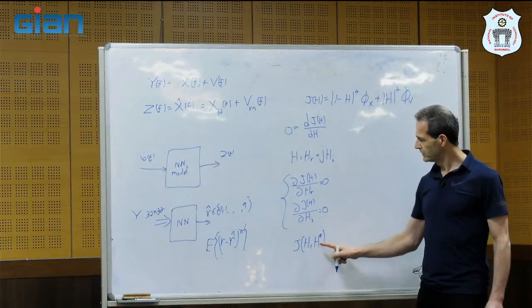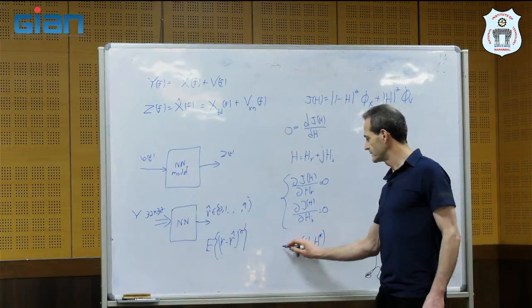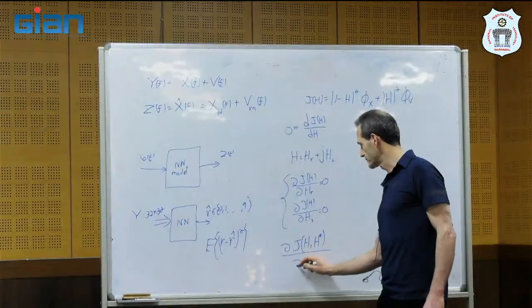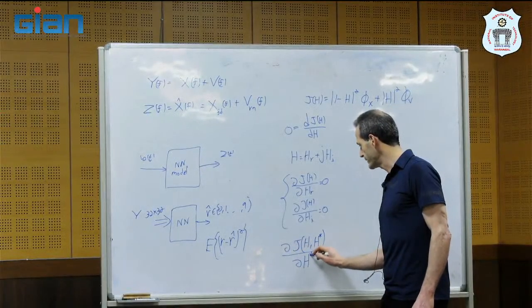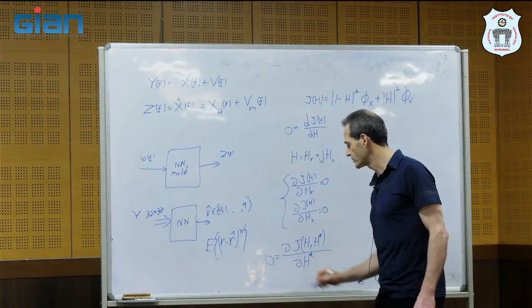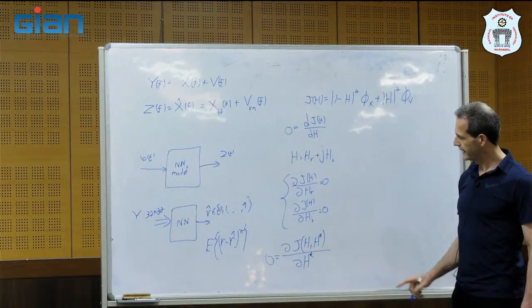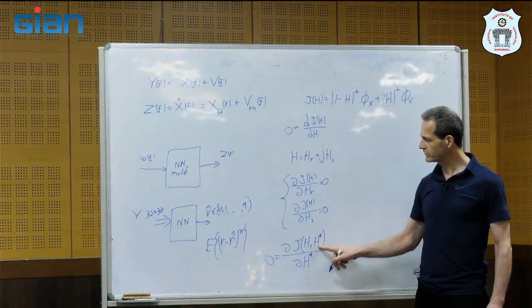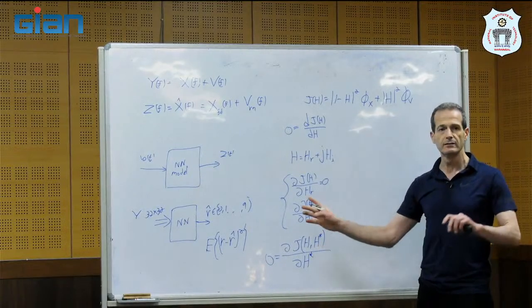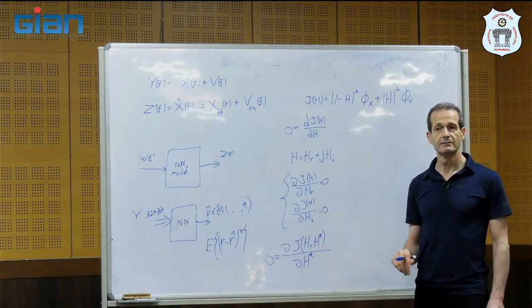Then you take the derivative with respect to the complex conjugate and equate it to 0, and you assume that h and its complex conjugate are independent.